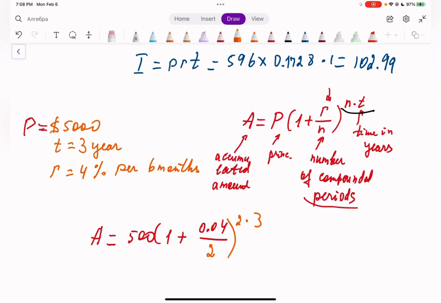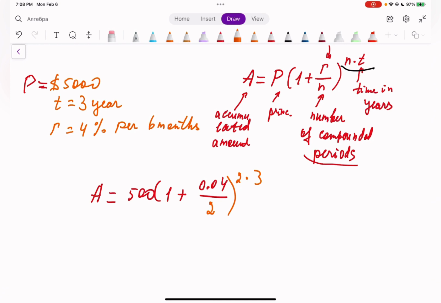Okay, so what do we get here? Let's solve it. I'm starting with 0.04, dividing by 2, 0.02. Then plus 1, following my order of operations, 1.02, and then raising to power 6, 2 times 3. Let me switch to my scientific calculator so I can raise to power 6.